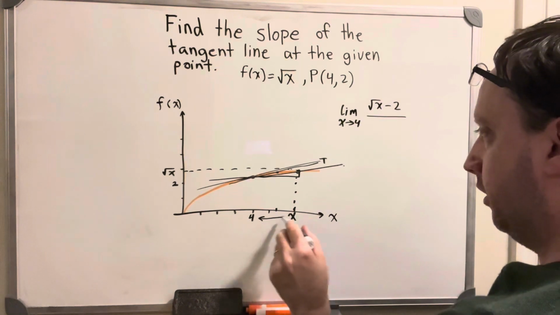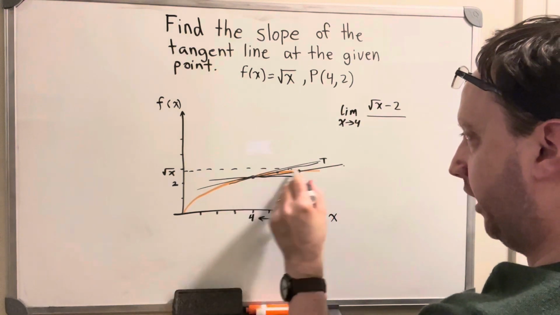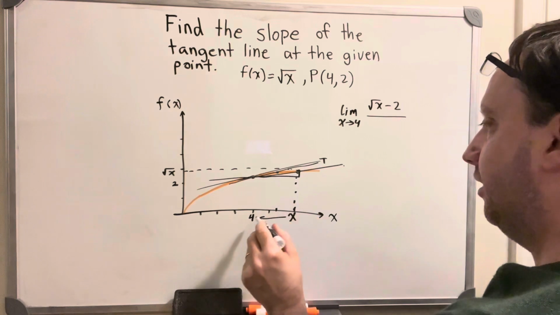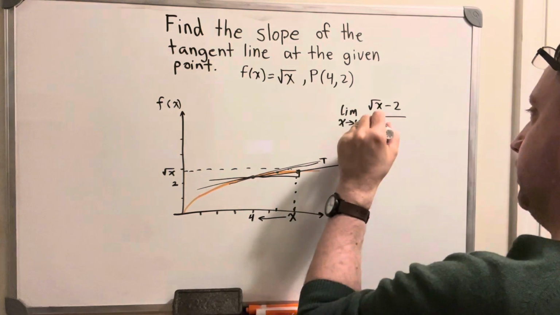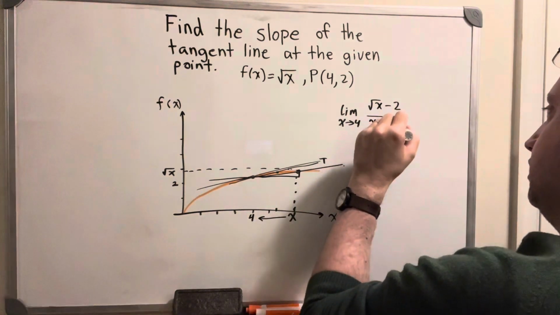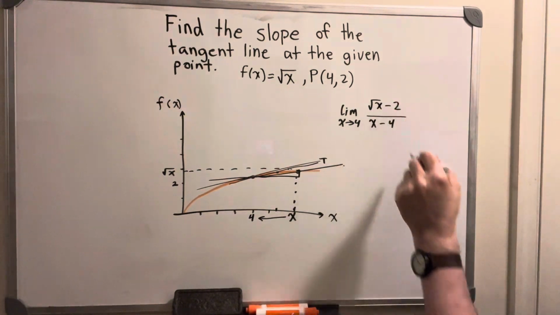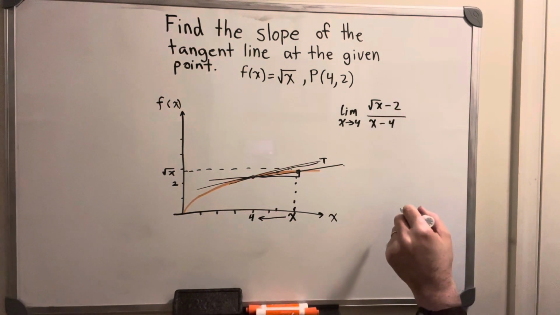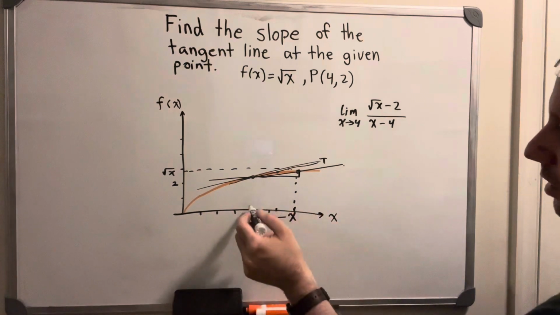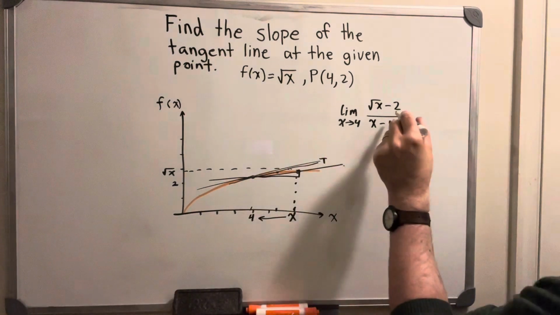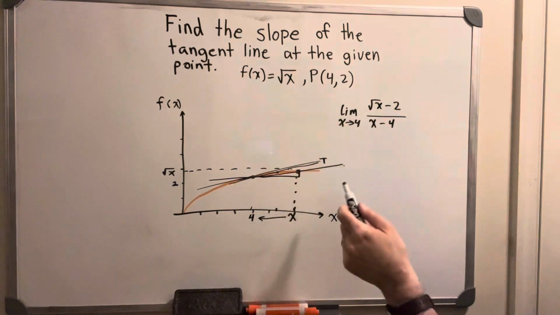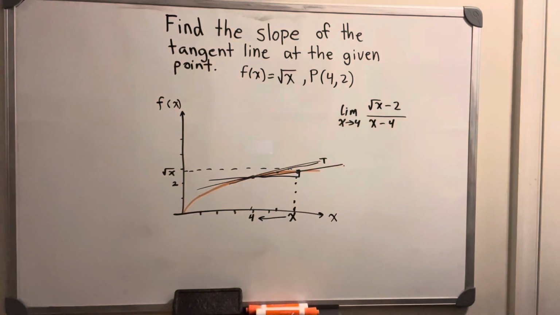How about the run of this triangle? That would be x minus 4, yeah? This will be the slope of the secant line. Now the limit, as the point approaches (4, 2), the secant line's slope would approach the tangent.